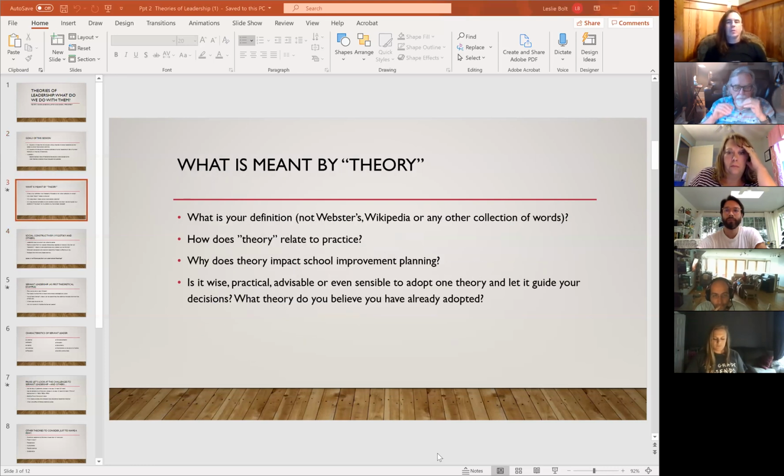First, we have to see what your perception is of theory. When you hear theory, what does that conjure up for you? What is a theory? What makes it a theory?